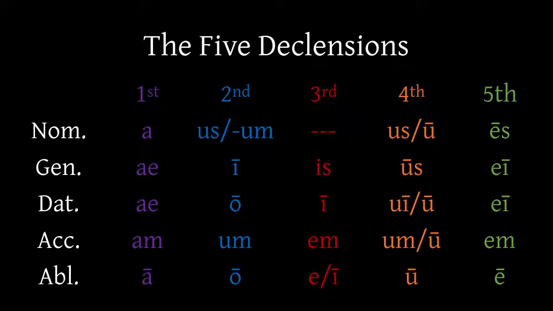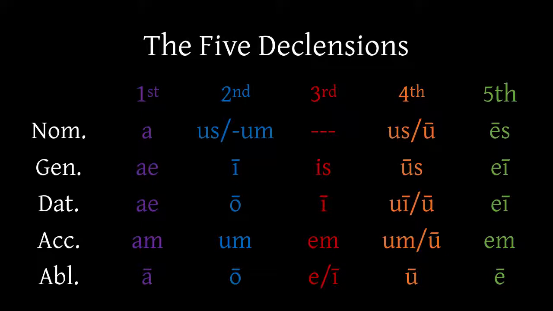So the same thing goes for Latin nouns and adjectives, which like to decline in 5 distinct ways. These are the singular endings for all 5 declensions in Latin. So what does that mean? Well, it means these are the 5 ways that nouns and adjectives like to end in Latin. All first declension nouns will end the way you see in the purple column.